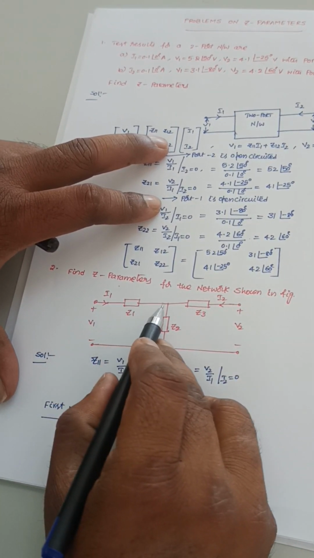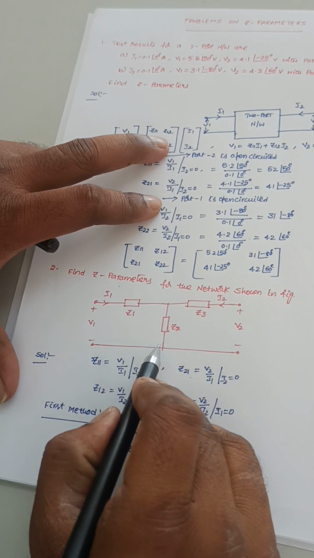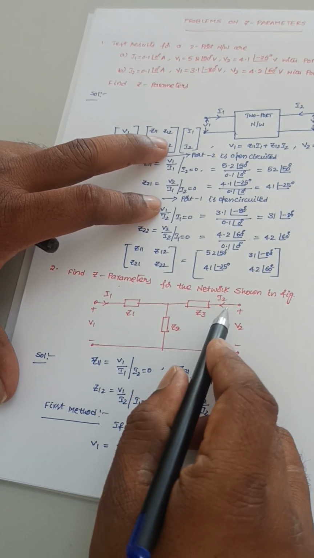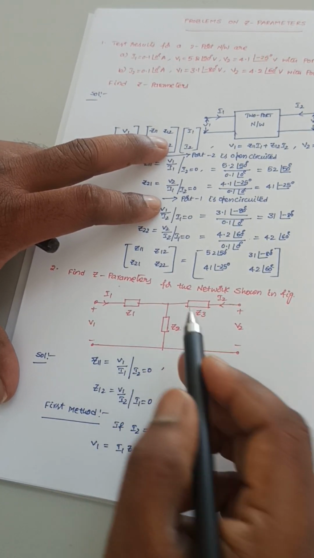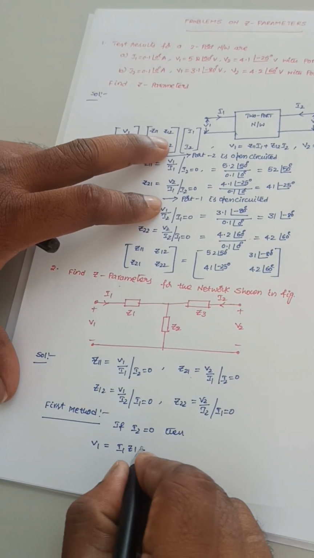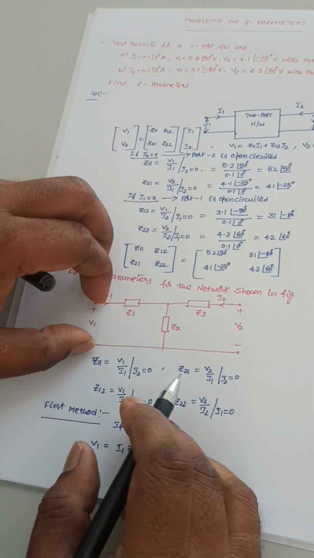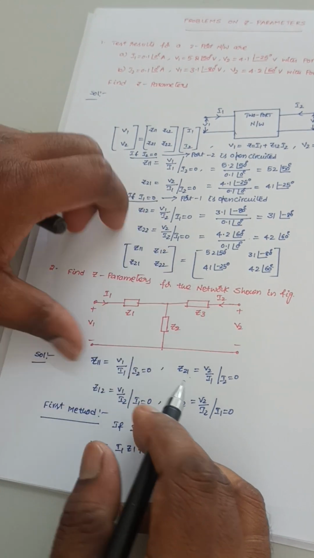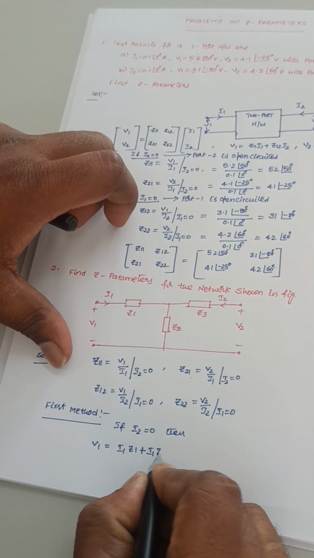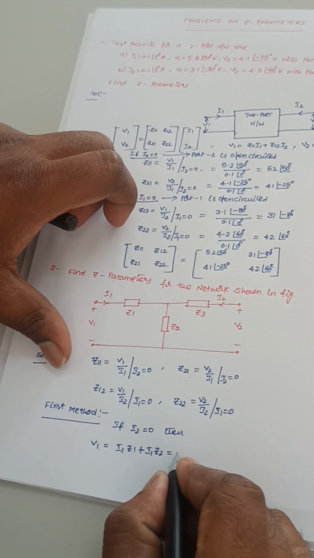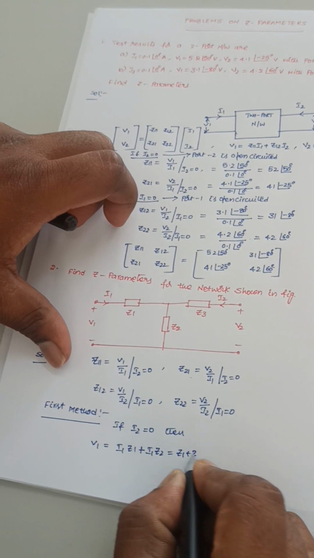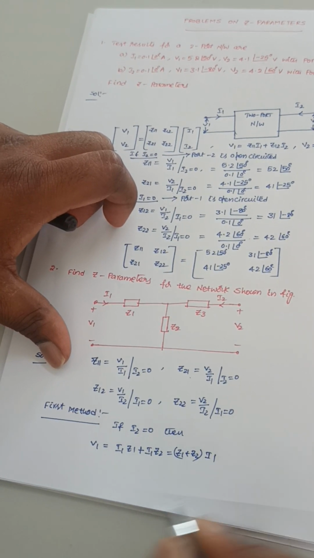So this total current will enter into this Z2 because no current will come from this branch. So this voltage is equal to this voltage plus this voltage, I1 into Z2. So the same thing I can write as Z1 plus Z2 into I1.